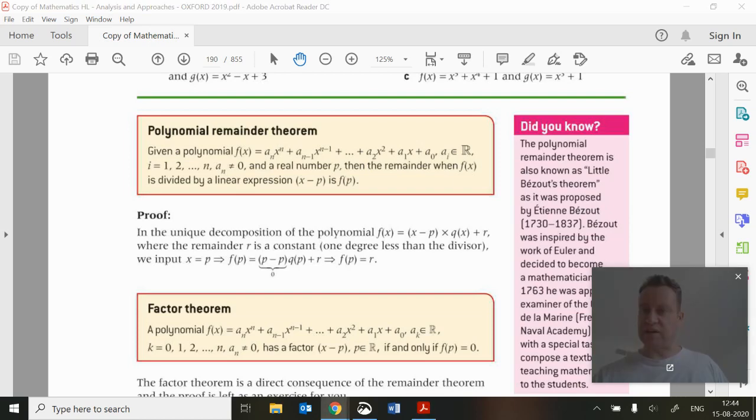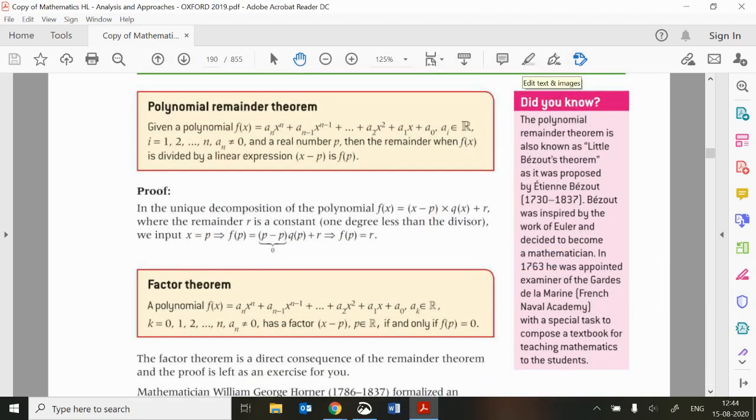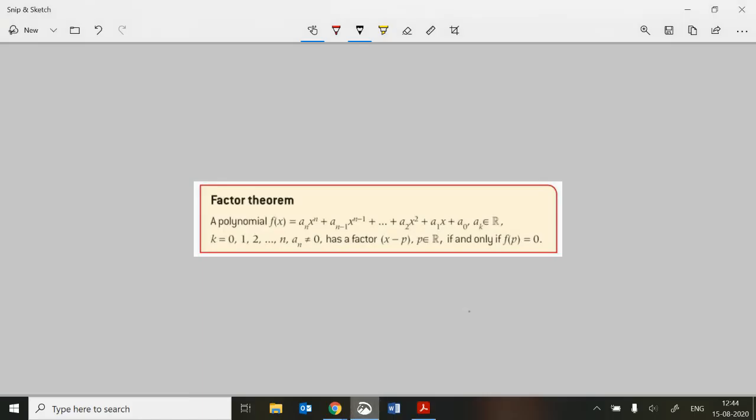Now, they start off with the remainder theorem. I'm actually going to start with the factor theorem here, and I've just copied this one onto here. It tells us that if you've got a polynomial, this could be a quadratic, cubic, quartic, or higher powers, and they're just saying that our a_k's are real numbers, so our coefficients of all of our powers of x are real numbers.